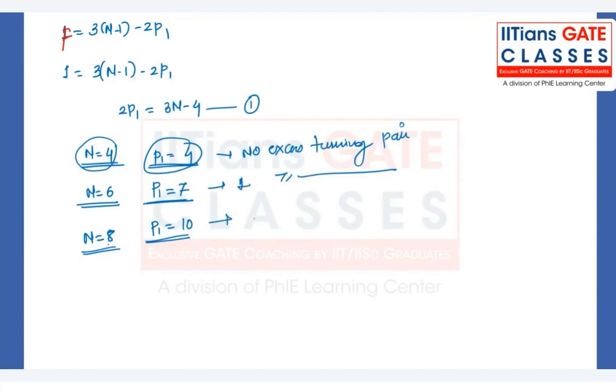So as we increase the number of links, the number of excess pairs also goes on increasing. Okay, so this is the learning we got from this relationship. I hope it's clear.